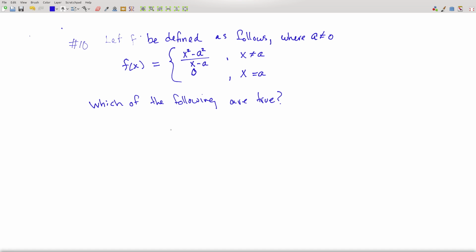Any of them could be true, and we have to decide which of them are true. So the first possibility: first of all, is this true? Does the limit as x goes to a of f of x exist?